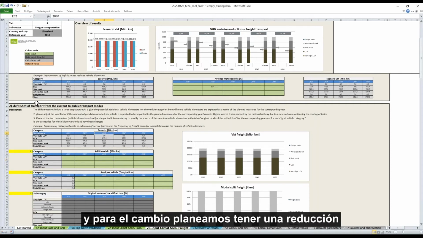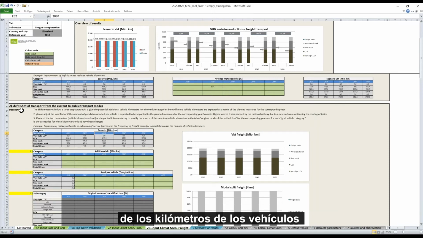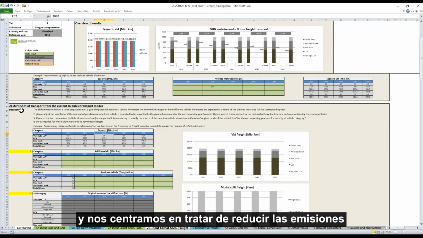And for the shift, we plan to have a change in the vehicle kilometers, and we focus on trying to reduce the emissions.